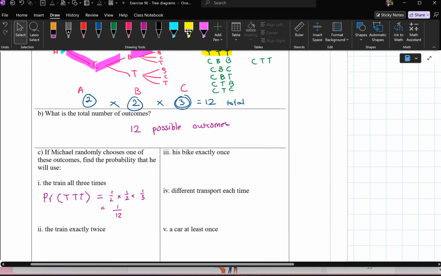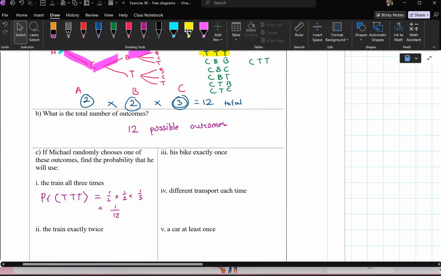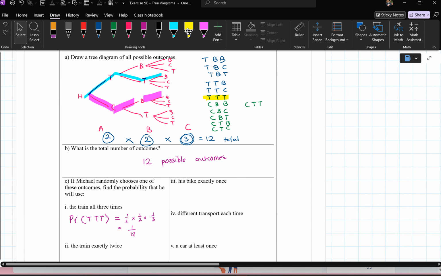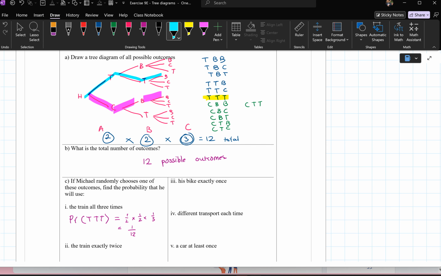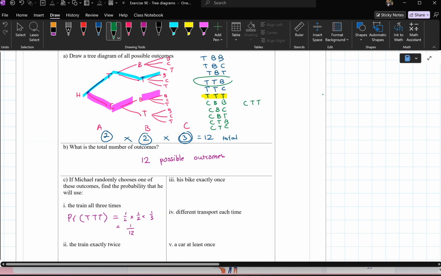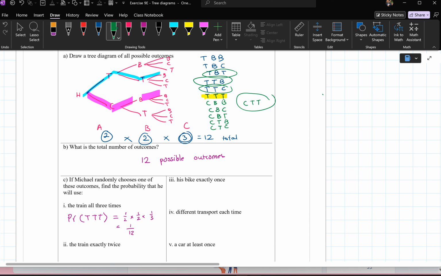Here we go. What's the chance of you picking train exactly twice? So look in the list here. How many options has 2 T's maximum? How many options can you see? I can see 1 here, 2, 3, 4, and I only see 4.